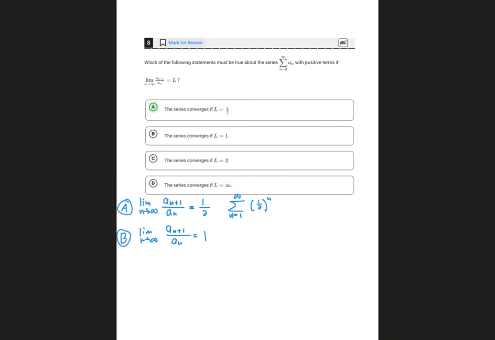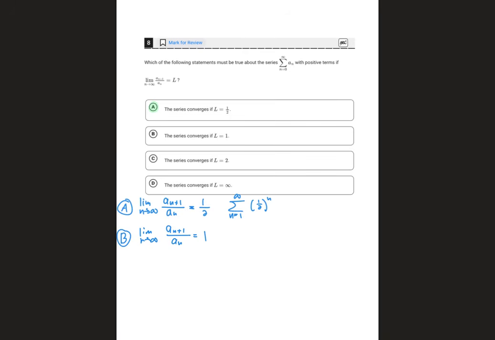If every term is the exact same number, or approaching the same number, if they don't approach 0, if they approach some number, then the series diverges. If the nth term is just a constant, just 5, you're just adding 5 infinitely. So that's not going to converge to anything. That's just going to keep getting bigger and bigger.